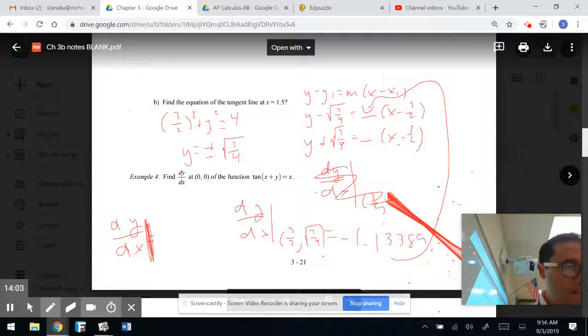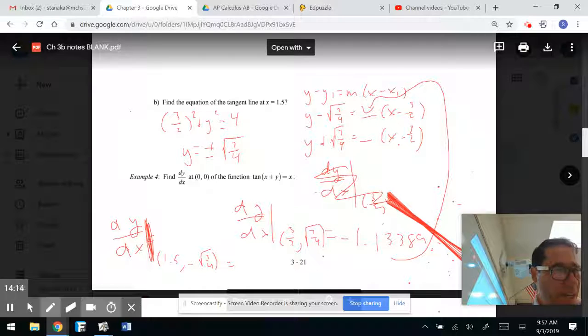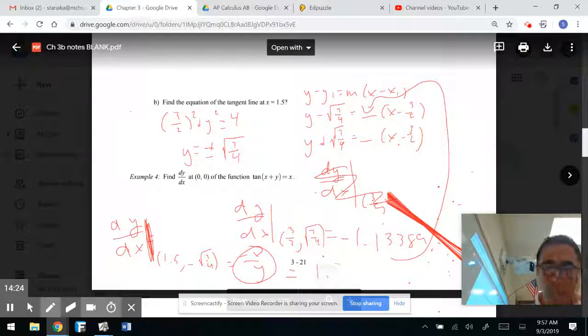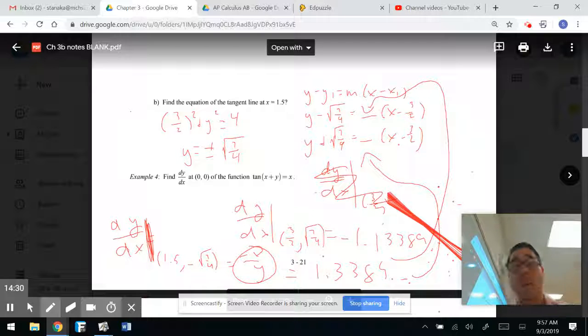We're 1.5, comma, negative square root of 7/4. And if I put that into the derivative, right, and our derivative, right, class, is just negative x over y, that was my derivative. And so if I plug those values in there, I get this time a 1.3389, and that goes into that one. I apologize for that. I'm going to cut this off.